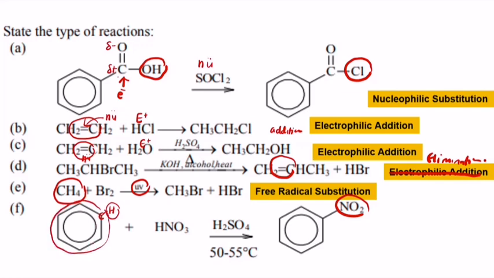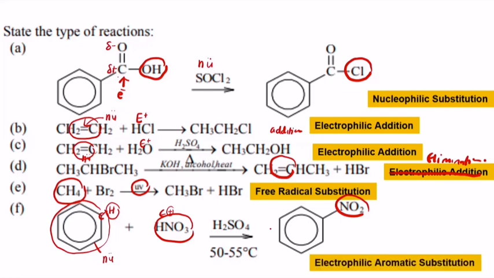We know that the benzene ring is an electron-rich site, so it is a nucleophile or nucleophilic site. When it is a nucleophile, its pair will be the electrophile. So what kind of reaction depends on the species that attacks the reaction site. So it is electrophilic aromatic substitution.